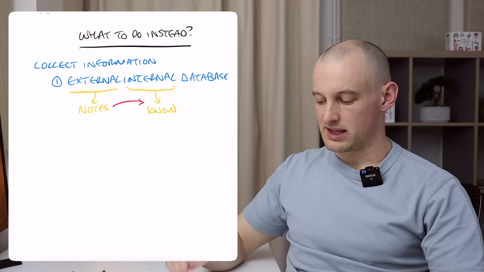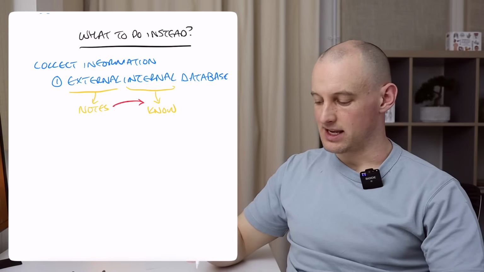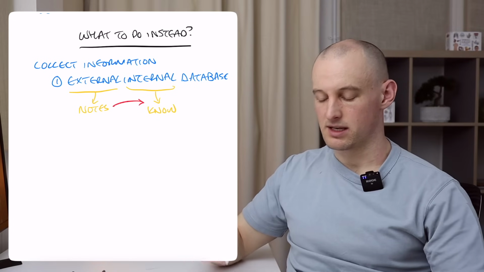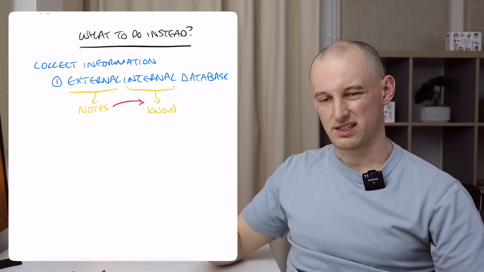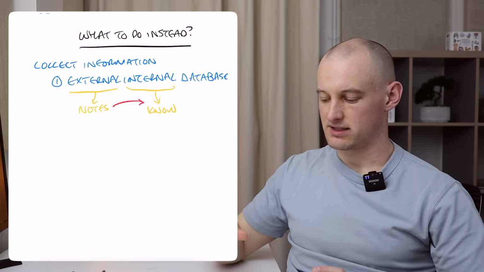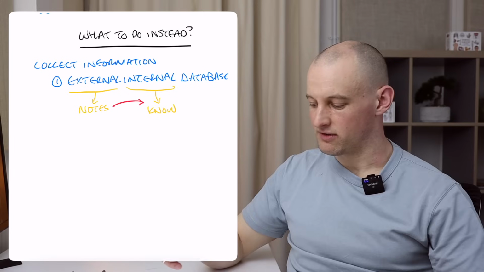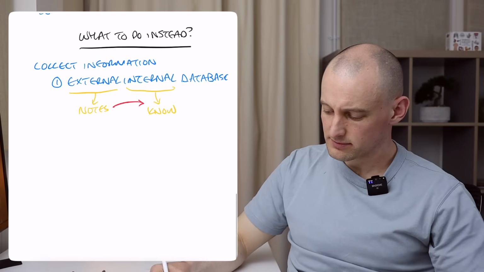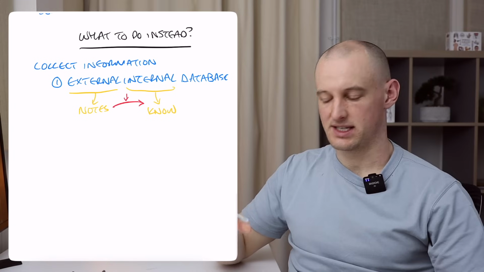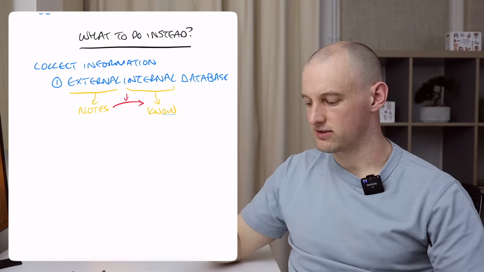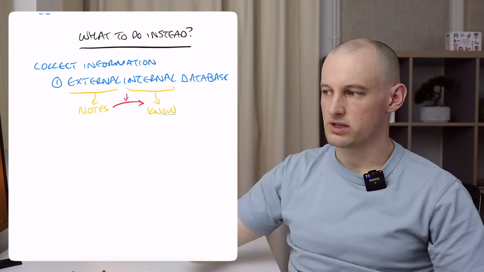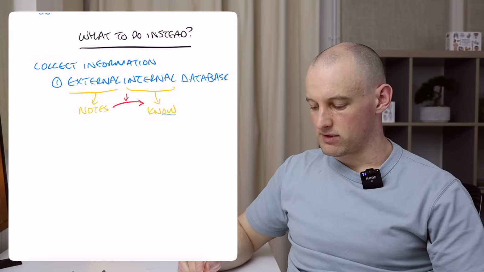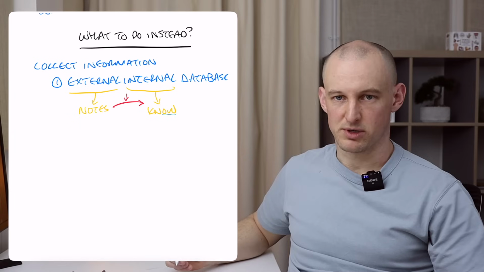The difference between this and traditional note-taking is that people think that note-taking, which is kind of creating the external database, is the actual activity itself. But in this strategy, the activity is transferring it from the external to the internal database. So you want to create an external database as quickly as possible.